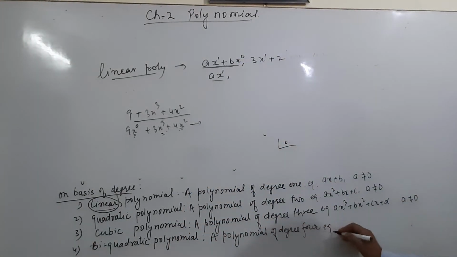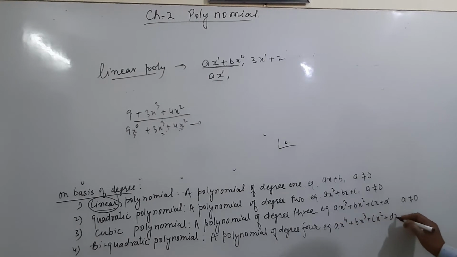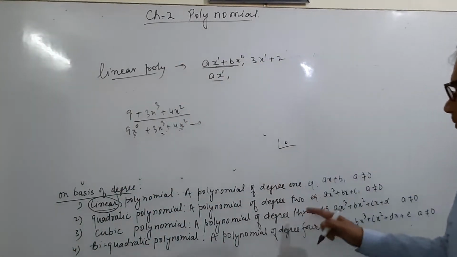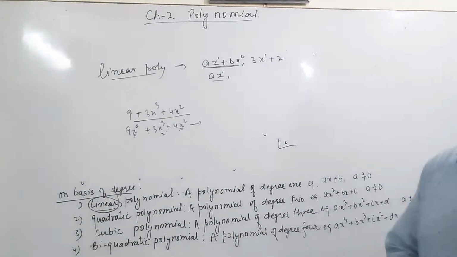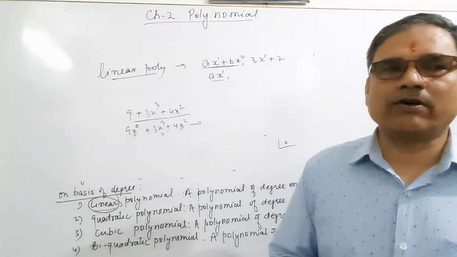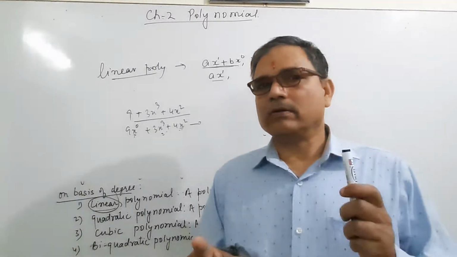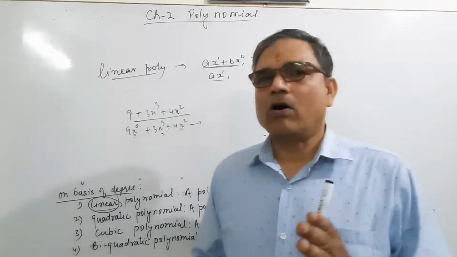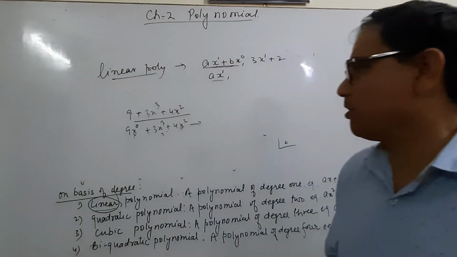For example, ax to the power 4 plus bx cube plus cx square plus dx plus e, with a not equal to 0. This is the standard form of the polynomial. What is the meaning of standard form? We have to arrange the variable terms in decreasing order of their power.